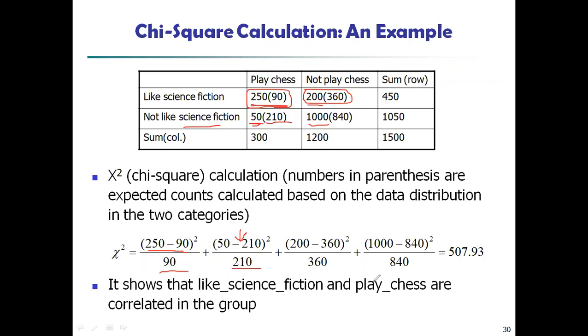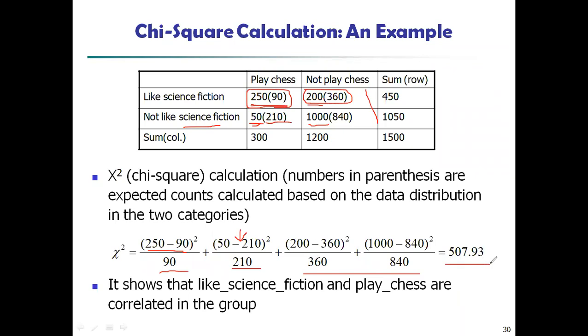In the same manner, we have written all of these. Play chess is the first attribute, and the second attribute is not play chess. For not play chess also, we take the values like this. Finally, after calculating these, we get the result of 507.